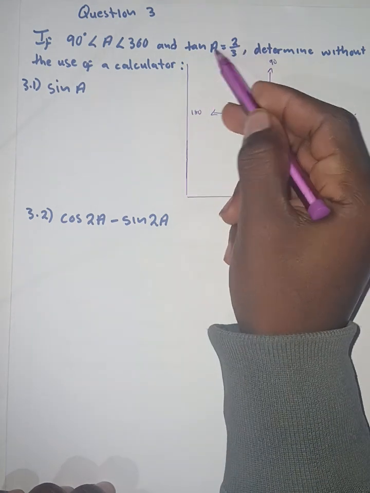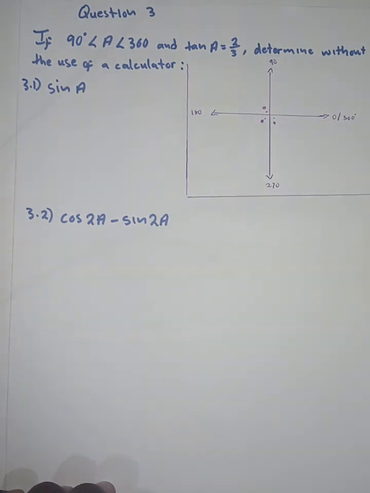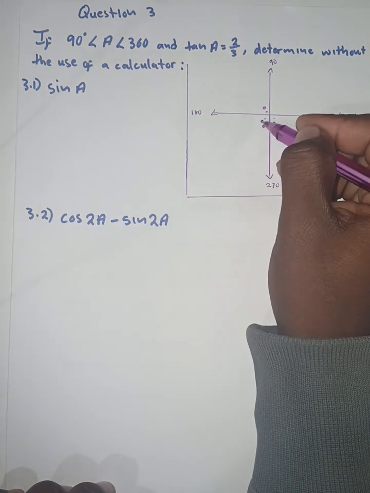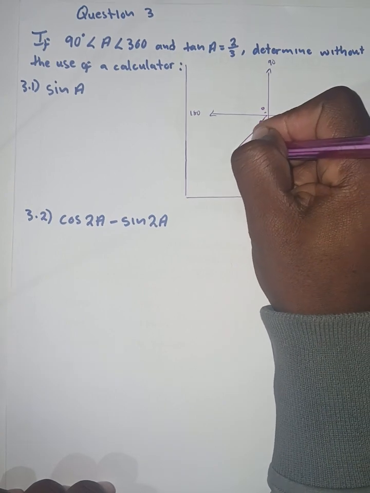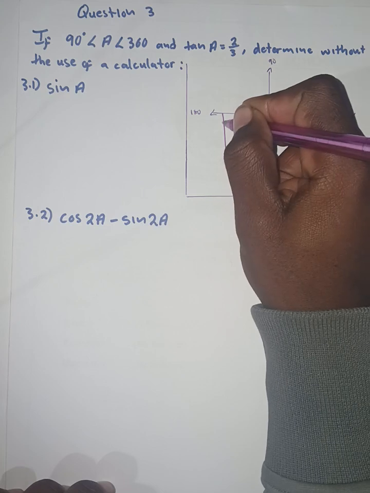But in this case, we know that tan is positive on this quadrant. So we would draw our right angle triangle on that quadrant.